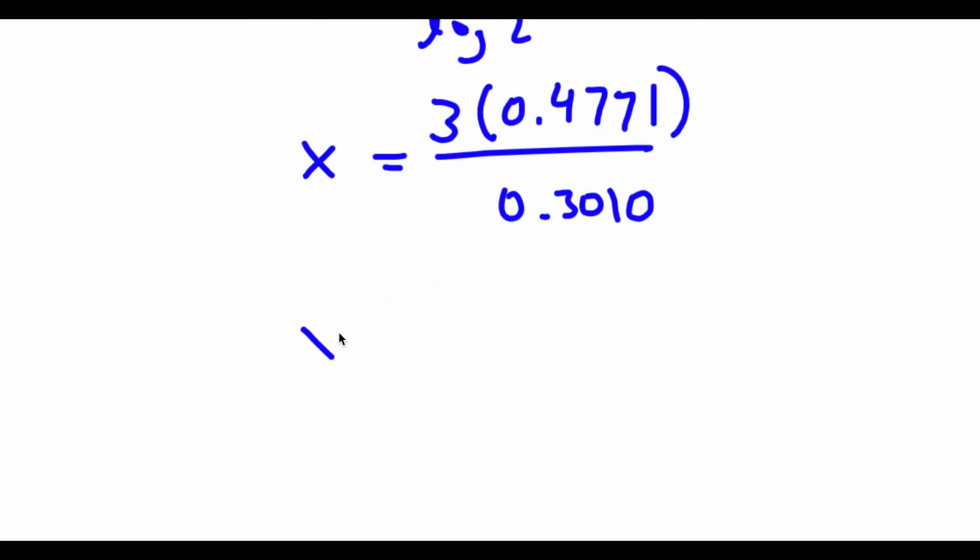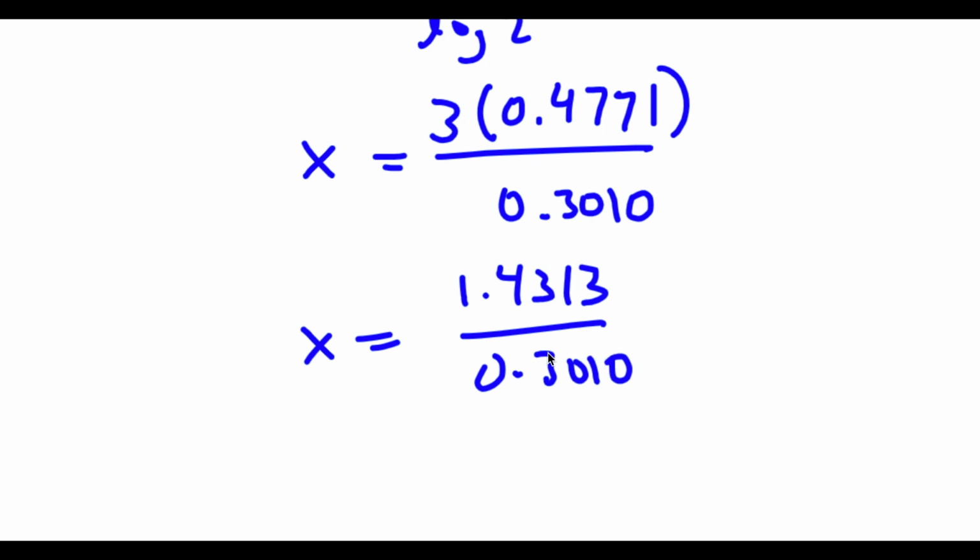So this is equal to 1.4313 over 0.3010. And that is equal to 4.755.